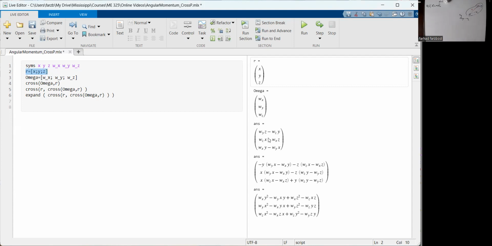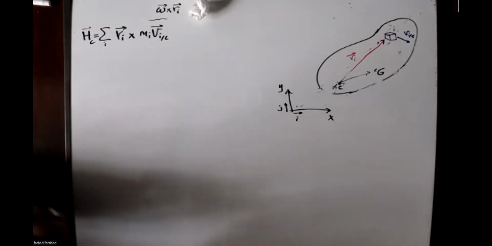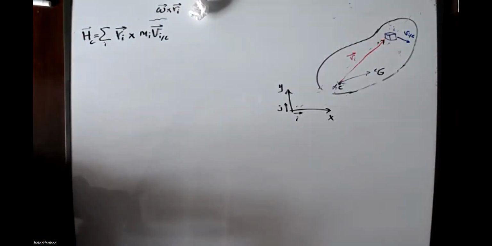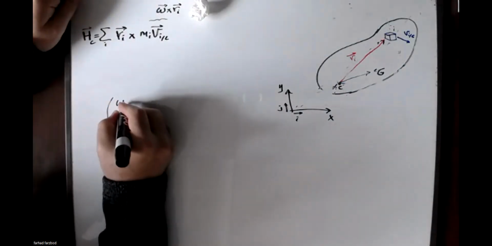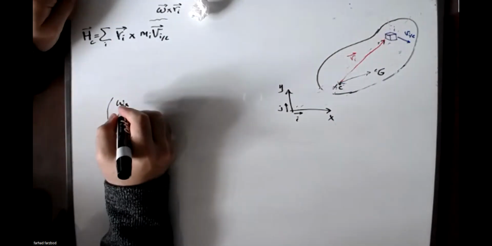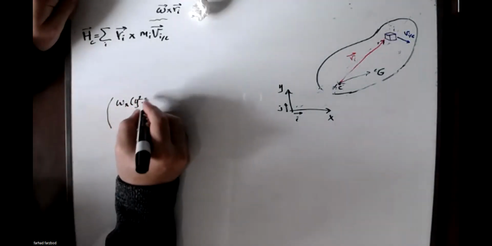So let's go back to the whiteboard and write them again here. It was omega x, and I just rearranged them. So it is omega x times y squared plus z squared.